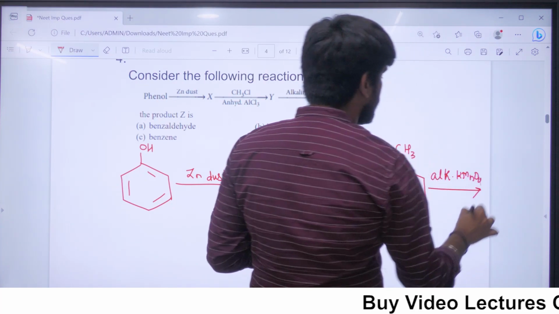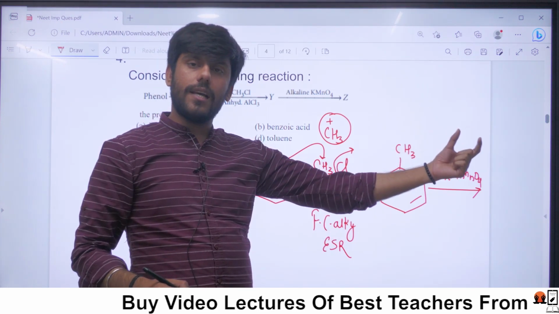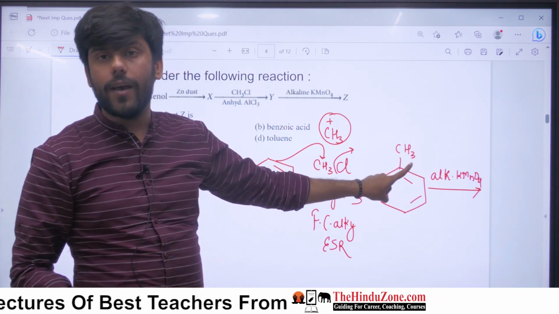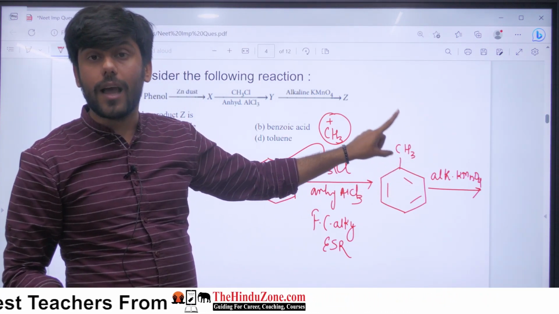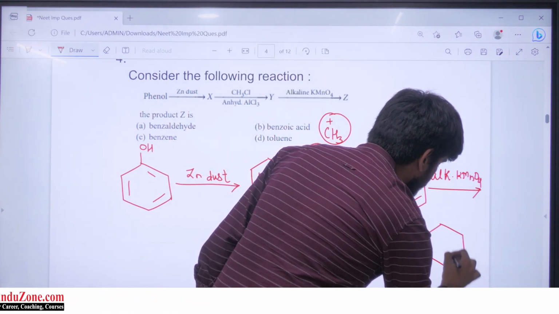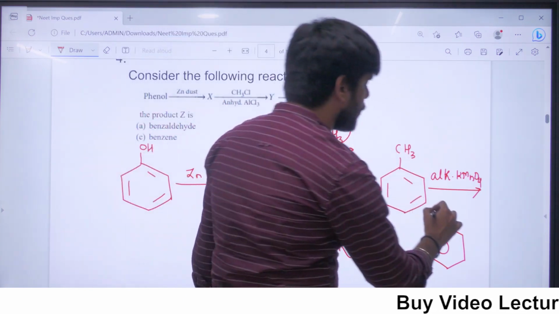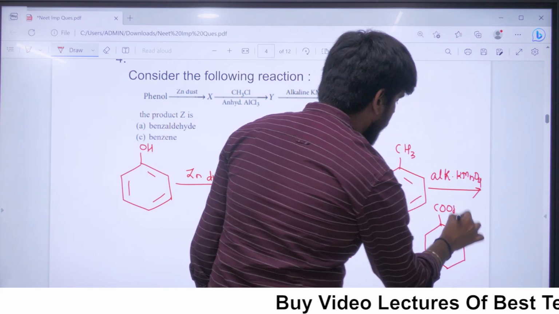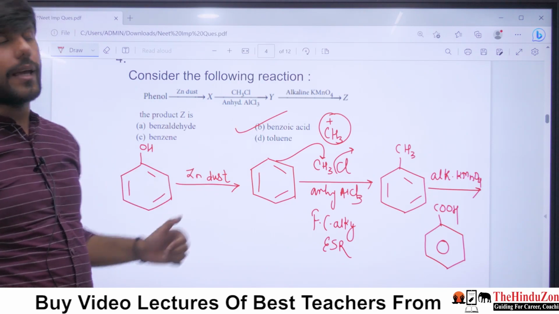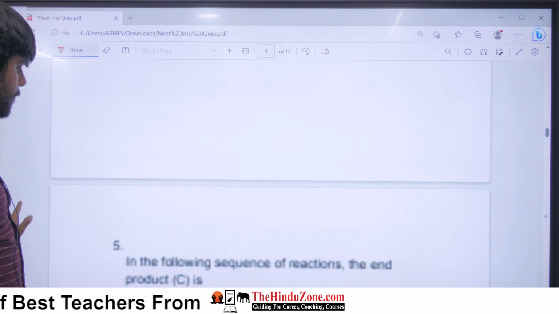Please note that no matter how long this chain is, it will get oxidized and converted to benzoic acid. But please remember, the alpha H should be present over here. Even if it would have been ethyl benzene or propyl benzene, I would have got benzoic acid as the answer. So the Z is your benzoic acid. I hope this is clear. Let us move to the next question.